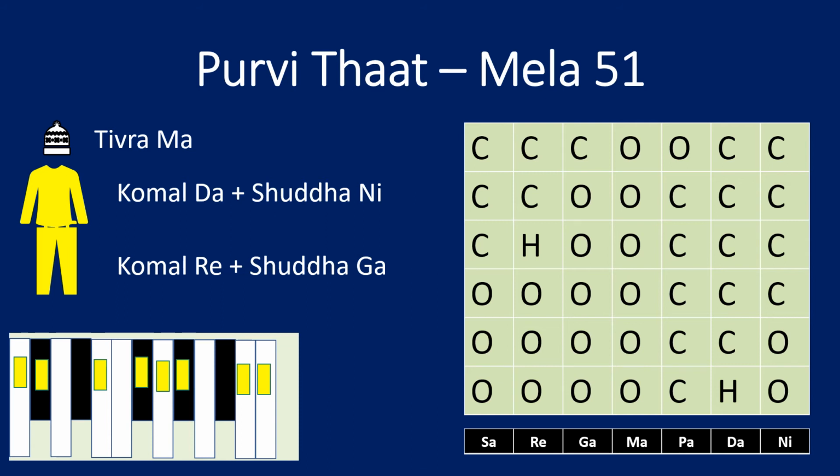In the South Indian system, this is referred to as MELAKARTA 51 or Panturali or Kamavardhani. On a bansuri, the Re and Da need half-closed fingers. Now let's listen to this.